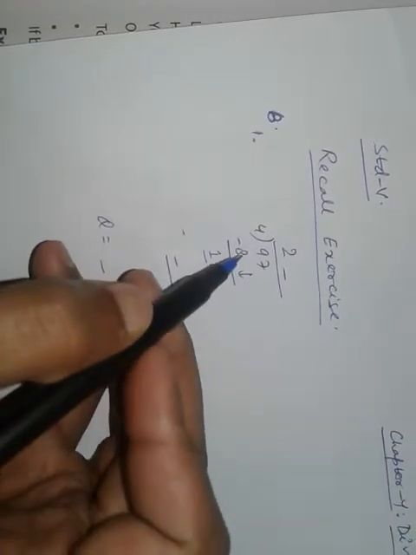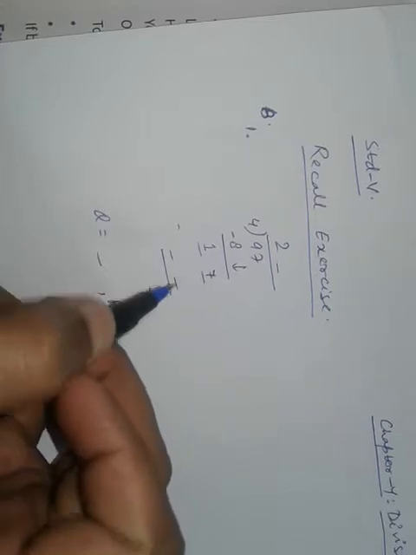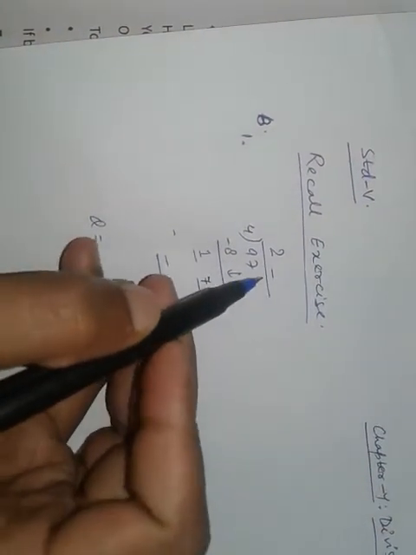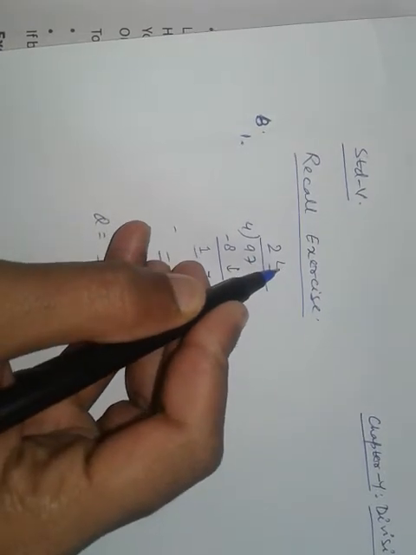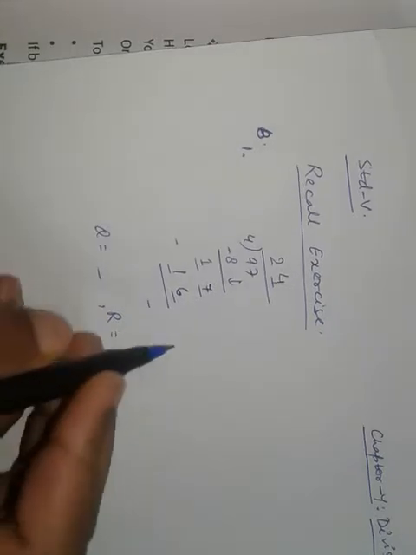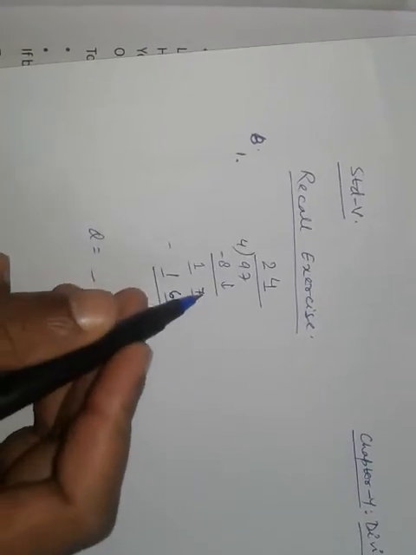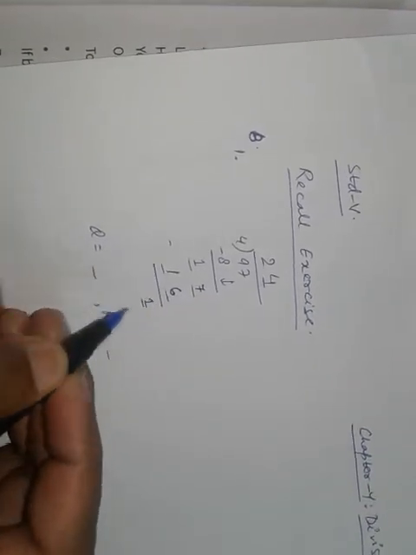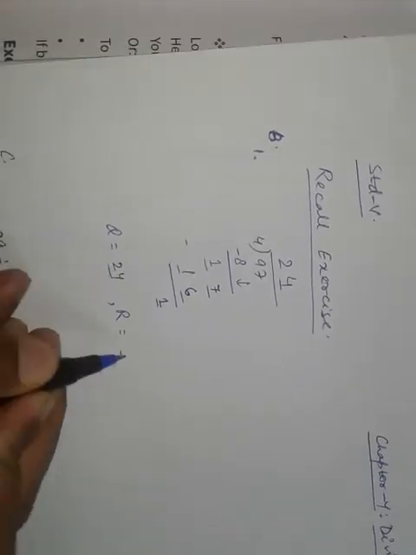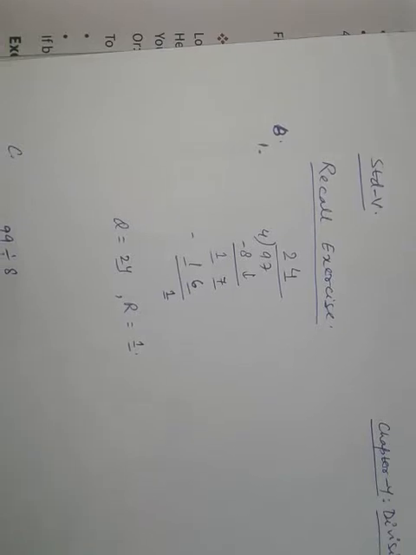Does 17 come in the table of 4? No. So we take 16, that is 4 times 4 is 16. So we write here 16. When we subtract 16 from 17, how much do we get? 1. So the quotient is 24 and the remainder is 1. So this is our answer.